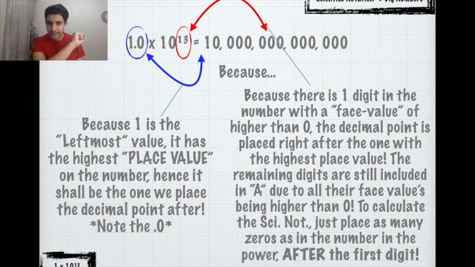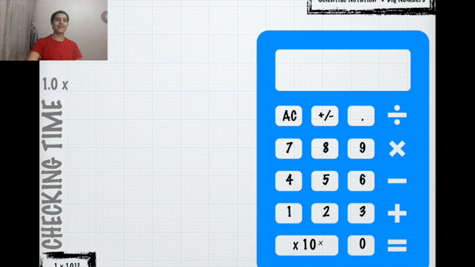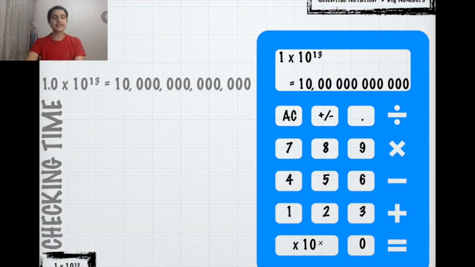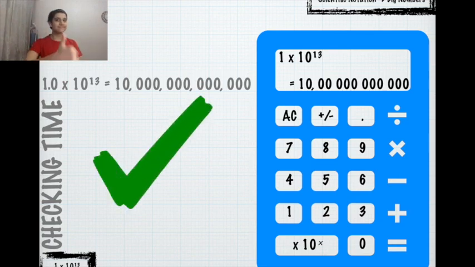So if there's only one digit, then you can just put a 1 and count 13 zeros. Same warning, understand the concept before you do this.